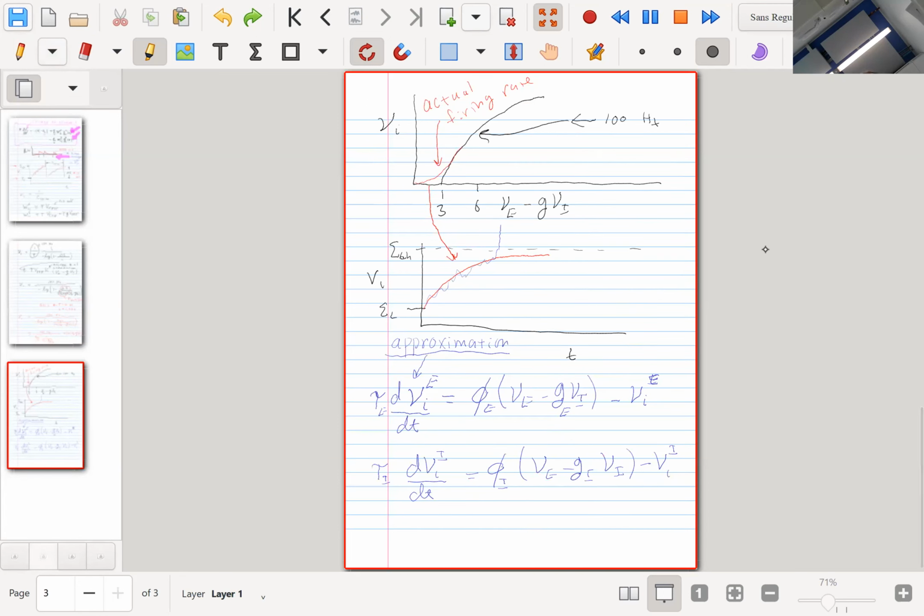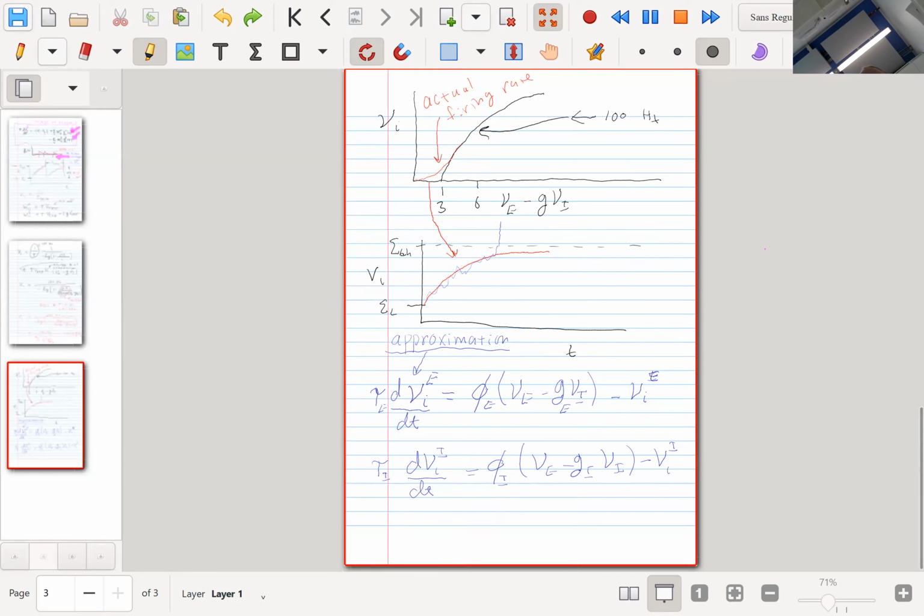The black curve is our analytic expression for firing rate when the input is constant, but we know that's not right. With fluctuations, the neuron is going to fire even when it wouldn't in the time average case, and so our firing rate is this red curve, and that is what we call phi. Maybe it's different for excitatory and inhibitory neurons.